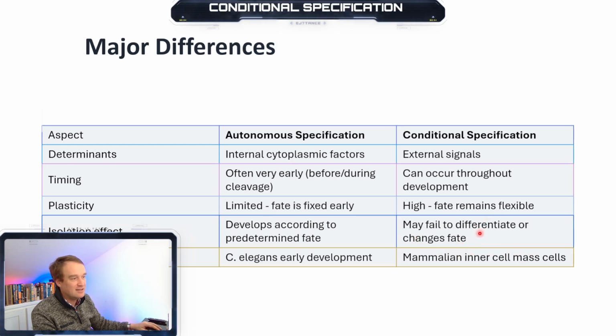If you isolate these cells, you may fail to differentiate or change fate, right? Because you have no neighbors. So if you isolate them, that information of what they should be is lost, because if you have no neighbor, then you're like, oh crap, what do I do? I don't know. No one's here to tell me what to become. And so an example of this would be the mammalian inner cell mass. So that is it for conditional.